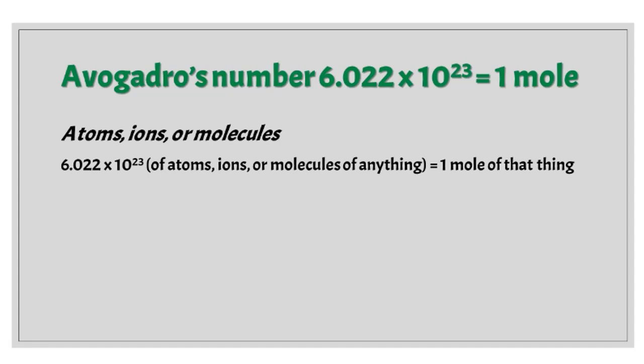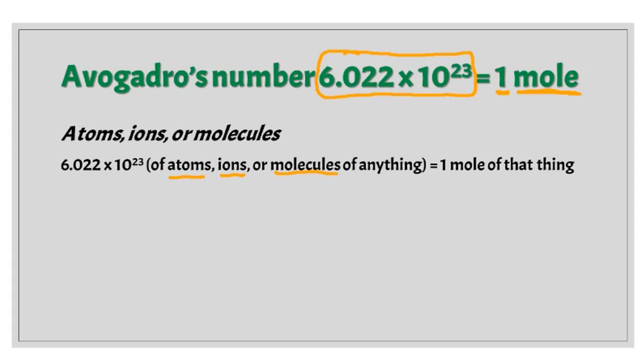Now, Avogadro's number is a constant number. This number does not change. It's 6.022 times 10 to the 23rd. If you have that number of atoms or ions or molecules of something, that is always going to equal 1 mole of that something.